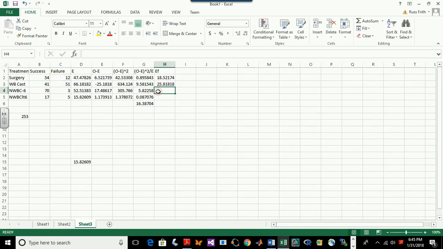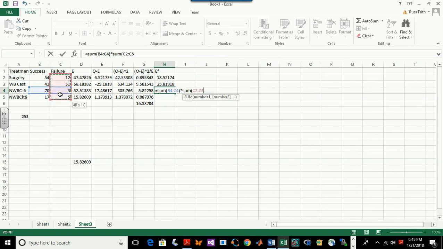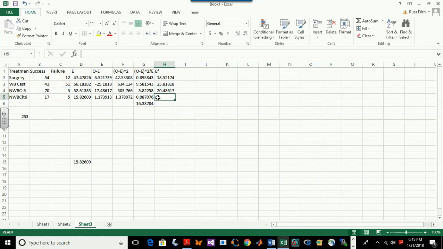And then the expected value of the failure for this treatment mode would equal the sum of the row times the sum of the column, divided by 253. And so now we sum up the expected value.